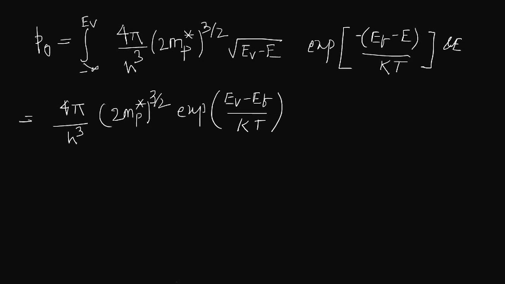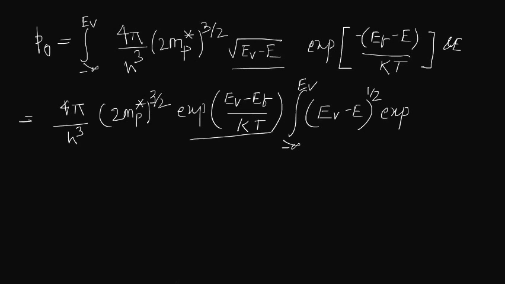Within the integration, from minus infinity to EV, we have EV minus E to the power 1 by 2, and then exponential of the remaining term, e to the power E minus EV divided by KT, dE.